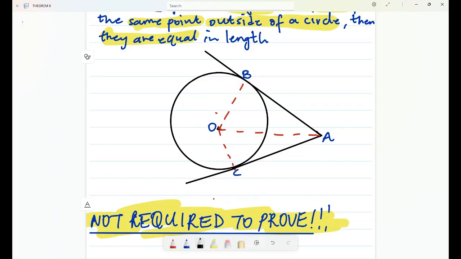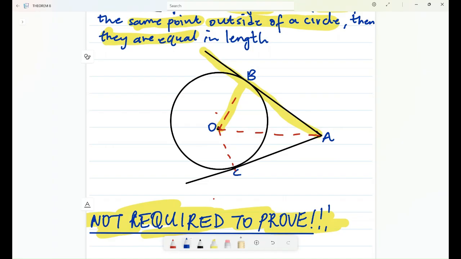I repeat. A tangent to a circle is perpendicular to the radius of the circle at the point of contact. Where is the point of contact? The point of contact is at point B.